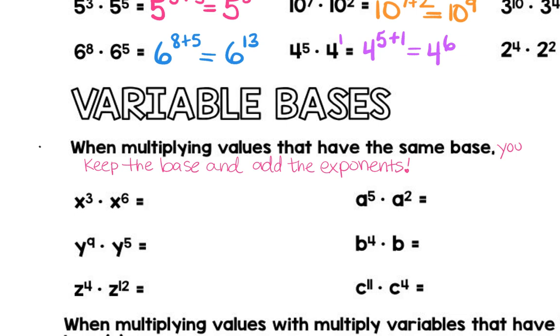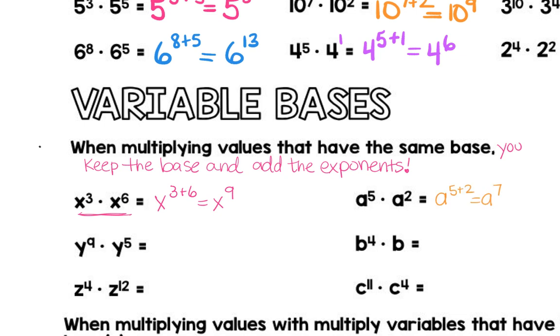For example, x to the 3rd times x to the 6th, we're going to keep the base. This is going to be x to the 3 plus 6th power, or x to the 9th. Try these other 5 on your own.